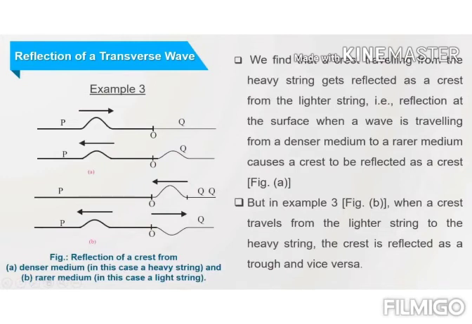Similarly, look at figure 6.3b. Again, we may find when a crest travels from the lighter string to the heavy string, the crest is reflected as a trough and vice versa.